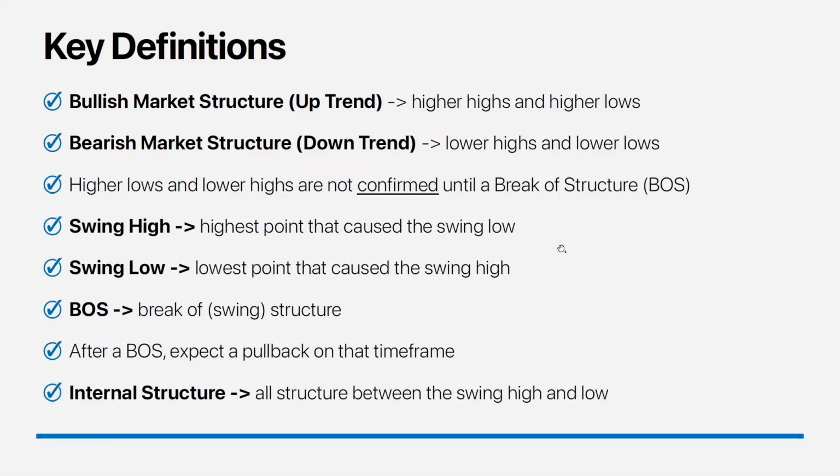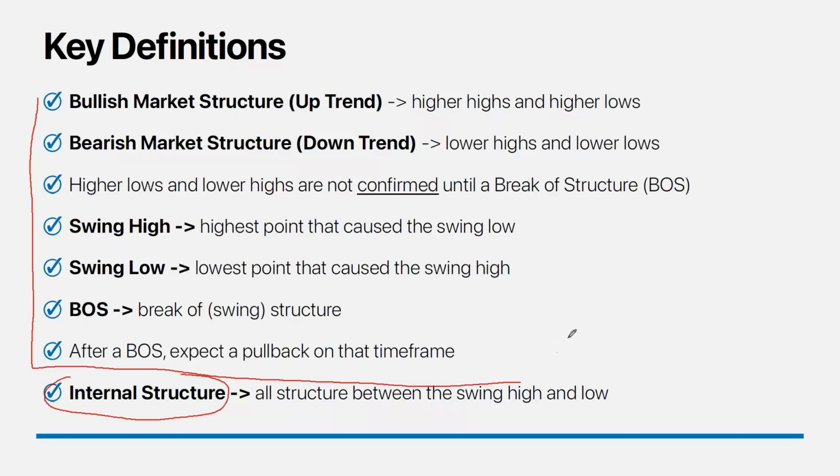Now, things can get very complicated very quickly if you don't understand the foundation, because once we start to introduce this thing called internal structure, we start to talk about multi-time frame. You need to have your foundation strong. What I mean by internal structure is playing around with the nature of fractals in the market.